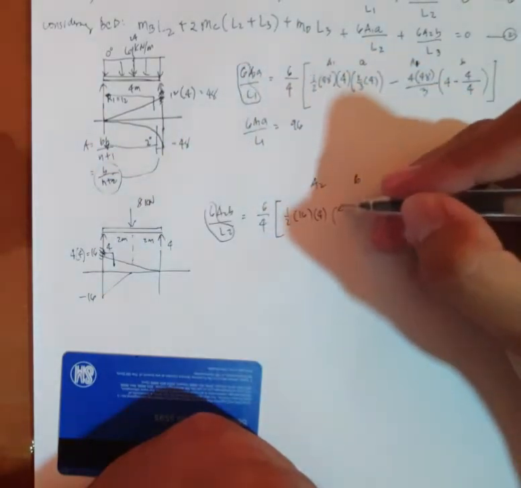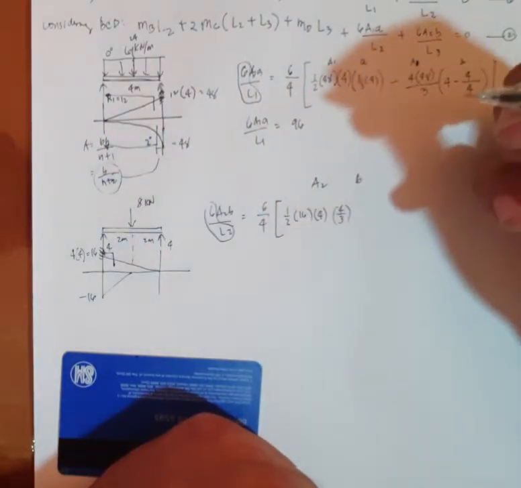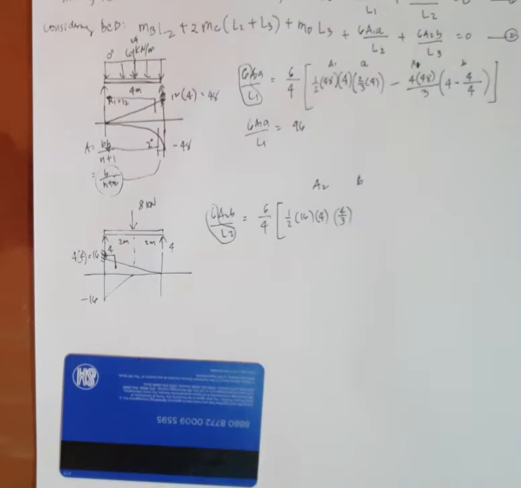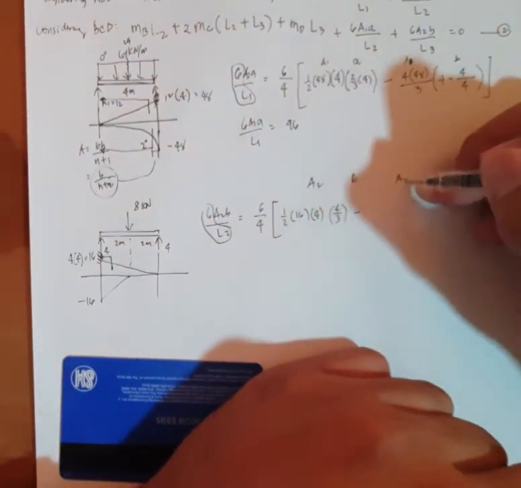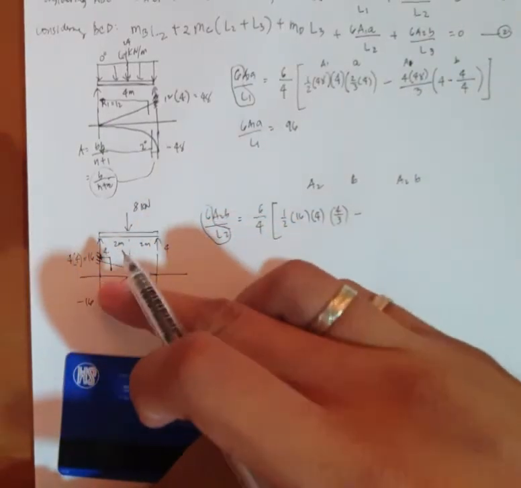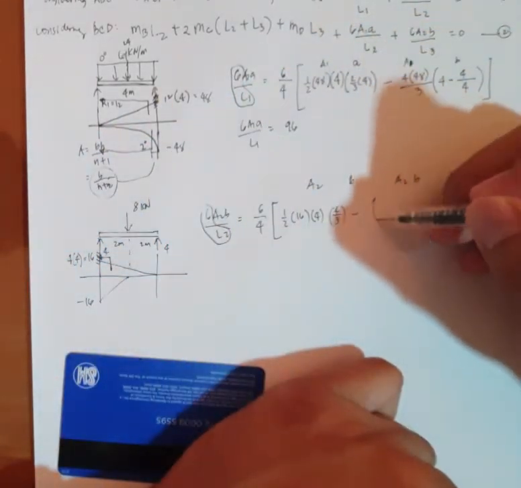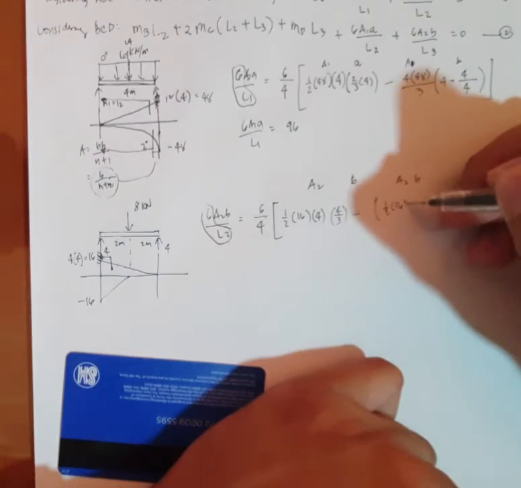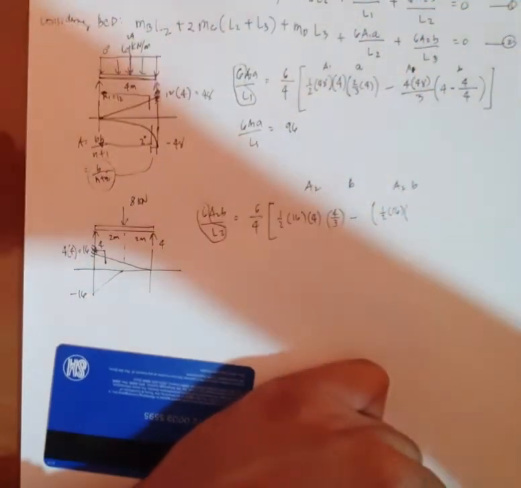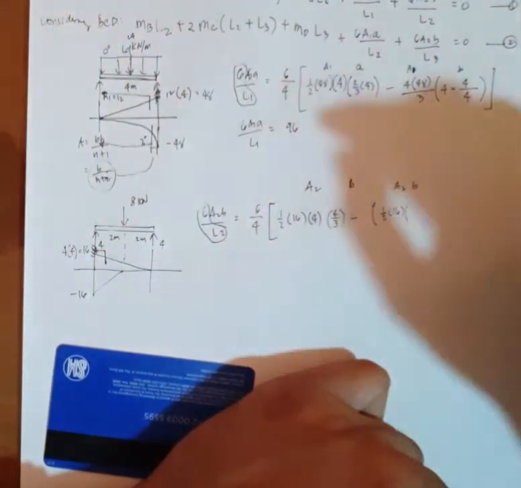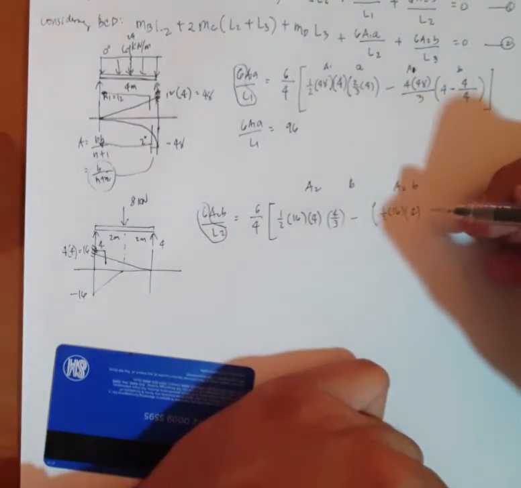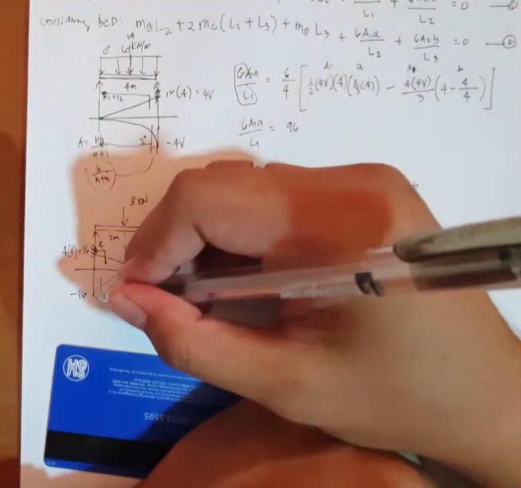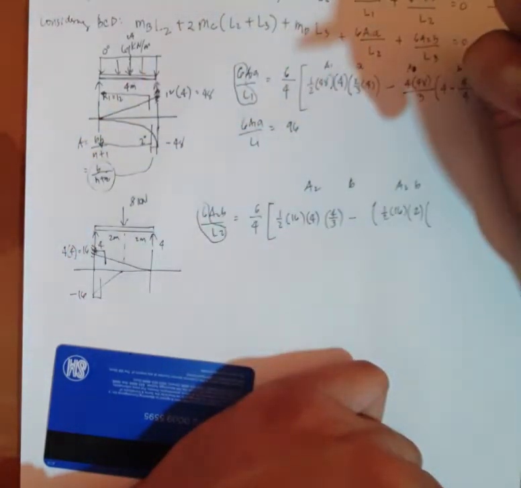So that is 4/3. 4 divided by 3. Minus another A2B, the negative one. Its area 2 is 1/2 times 16 by 2, times base towards... we are wrong, we made a mistake.